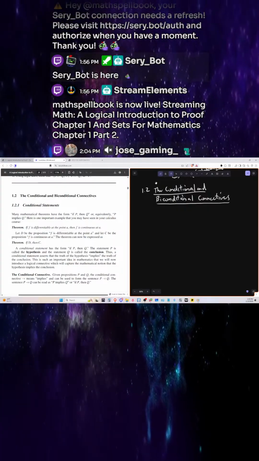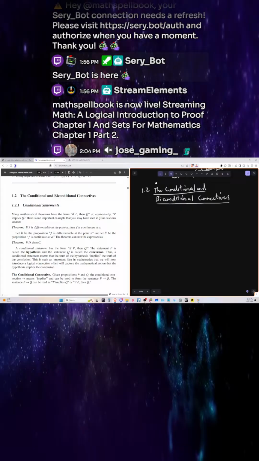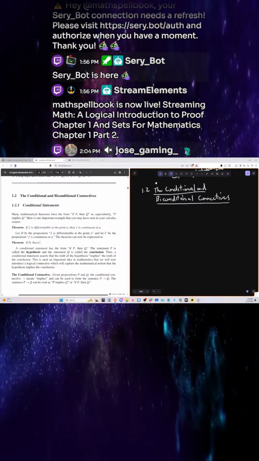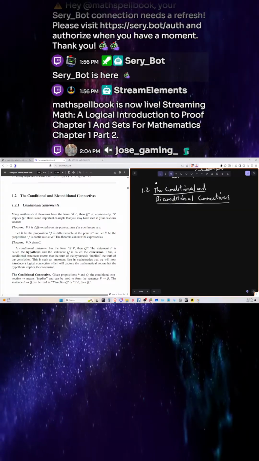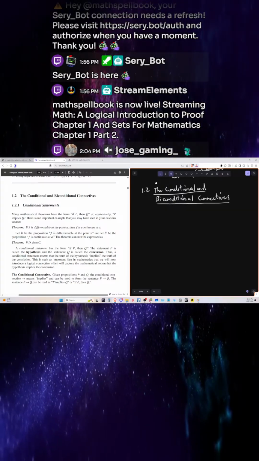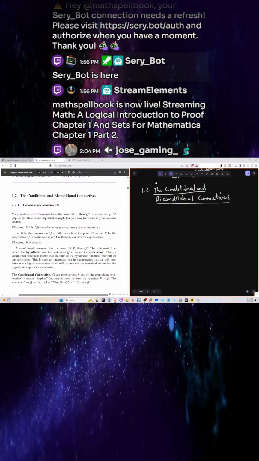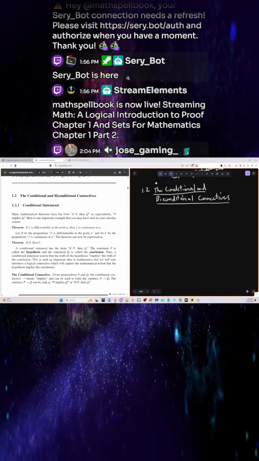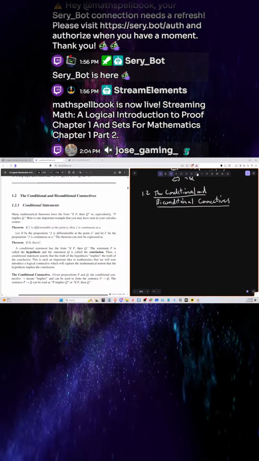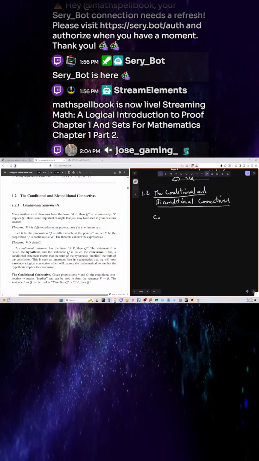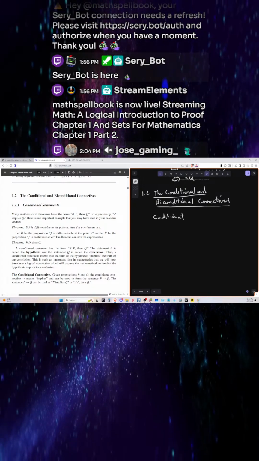Theorem: if f is differentiable at point A, then f is continuous at A. Let D be the proposition that f is differentiable at A, and let C be the proposition that f is continuous at A. The theorem is expressed as: if D, then C. Okay, so a conditional statement.